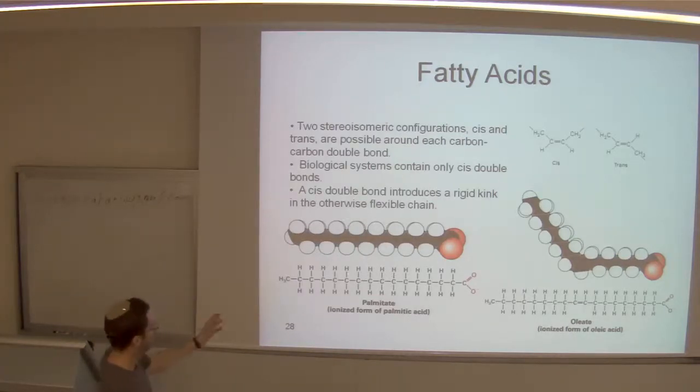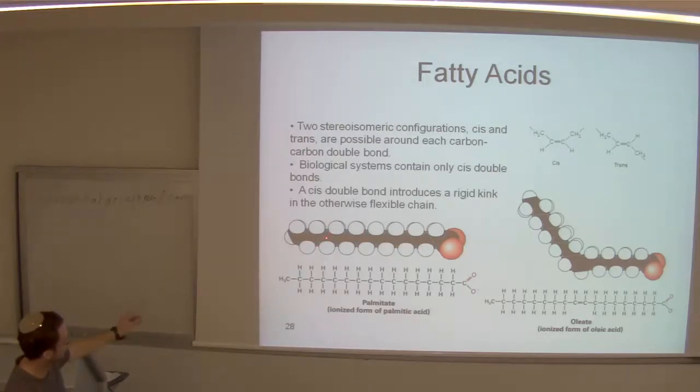So again, just to briefly introduce the idea of this slide. On a saturated fatty acid, you have a linear shape on average, because each of these bonds rotates around itself continuously. But on average, it's a linear molecule. And when you have a double bond, say here, you have a rigid kink.